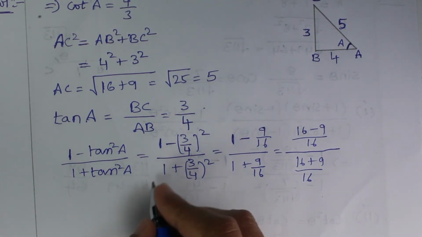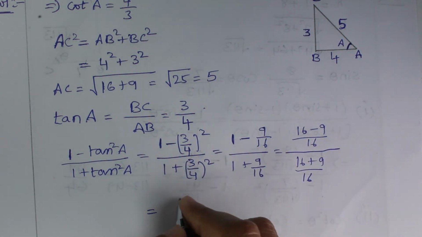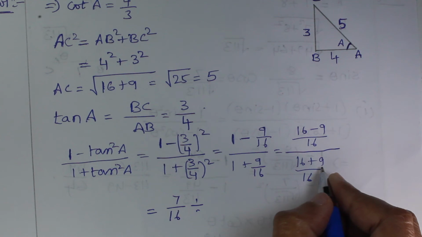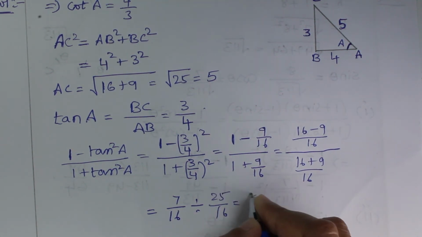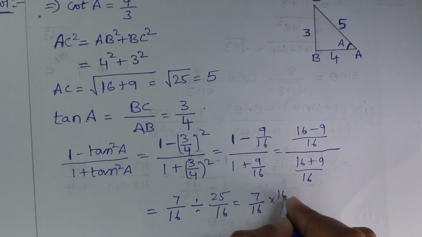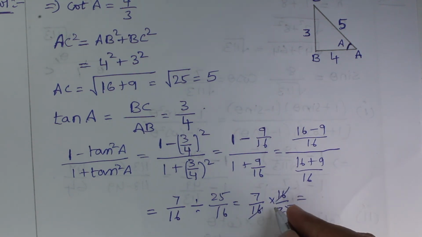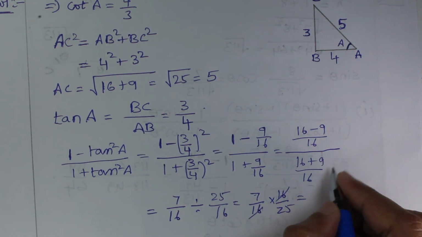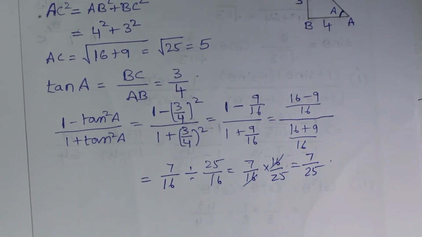That is 7 by 16 divided by 25 by 16, which is 7 by 16 into 16 by 25. 16 gets cancelled, 7 by 25. So (1 minus tan square A) divided by (1 plus tan square A) is 7 by 25.